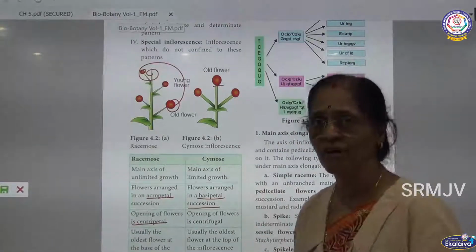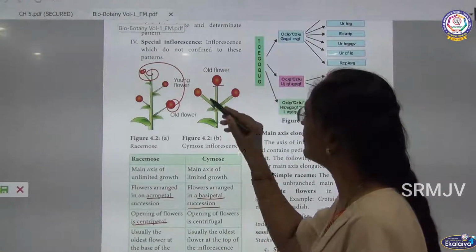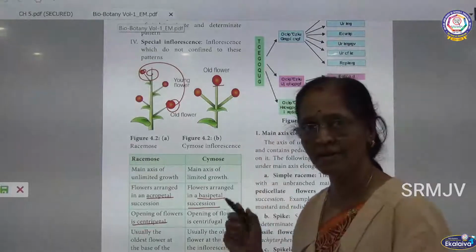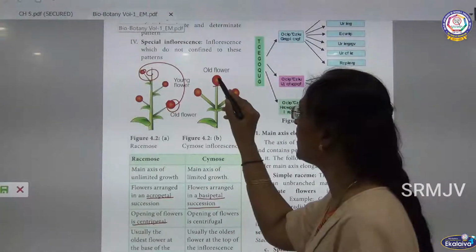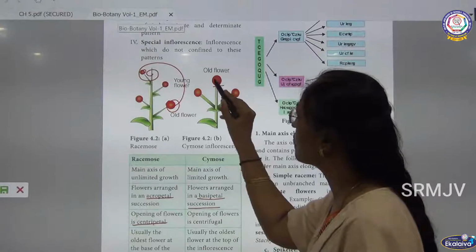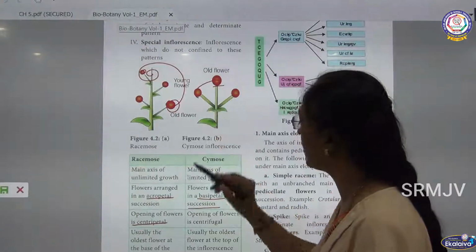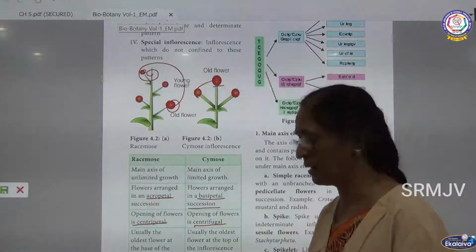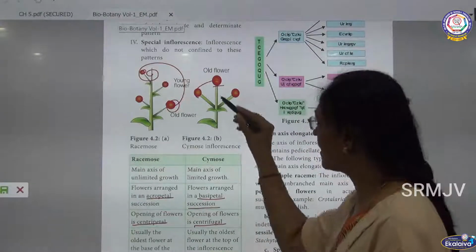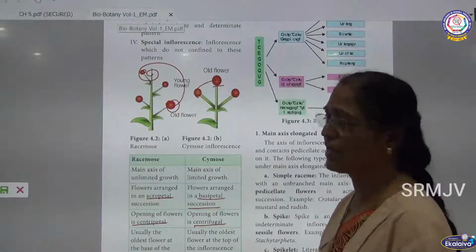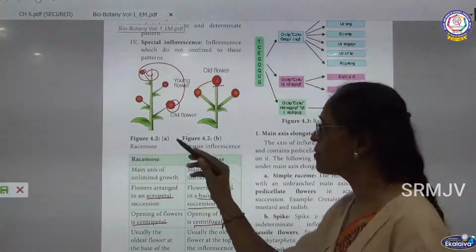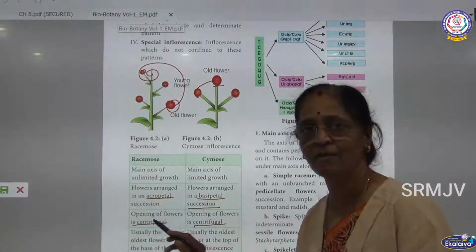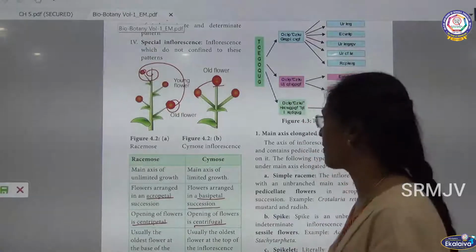And because the older flower is at the center and the younger flowers are at the periphery, the opening of flowers will take place from the center to the periphery. You call that centrifugal. So the oldest flower is at the top of the inflorescence axis. So these are the differences between a racemose and cymose inflorescence.